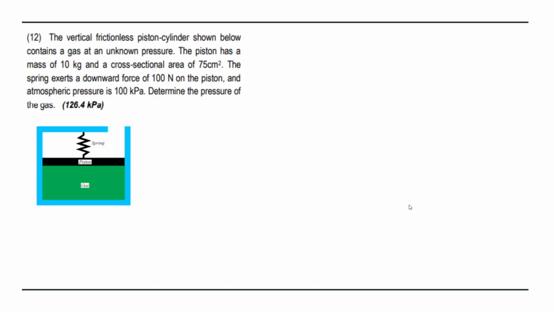Next, number 12. Okay, yung number 12 naman, the vertical frictionless piston cylinder shown below contains gas at unknown pressure. The piston has a mass of 10 kilogram and a cross-sectional area of 75 centimeter squared.